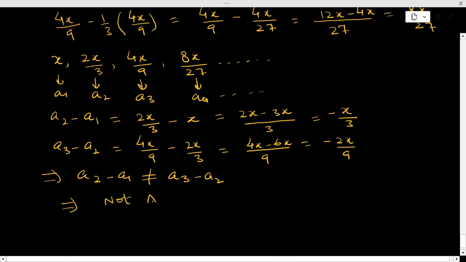So in this situation we are not getting an AP, right? So this is how we can handle the problem related to the fundamental definition of AP, which is that the difference between two consecutive terms is fixed.